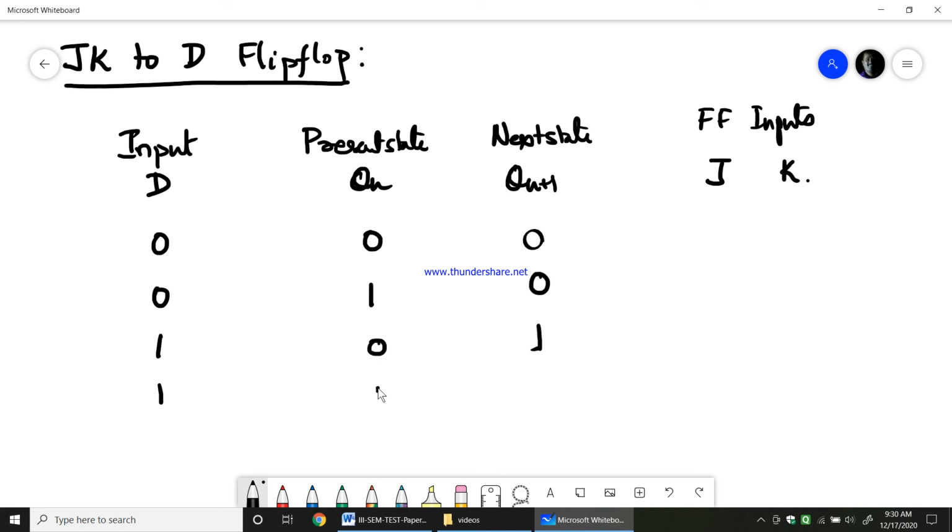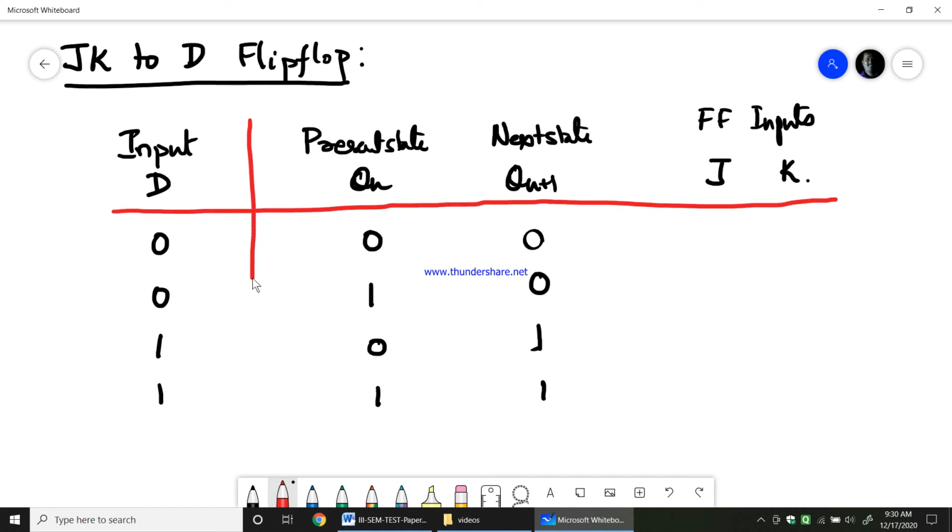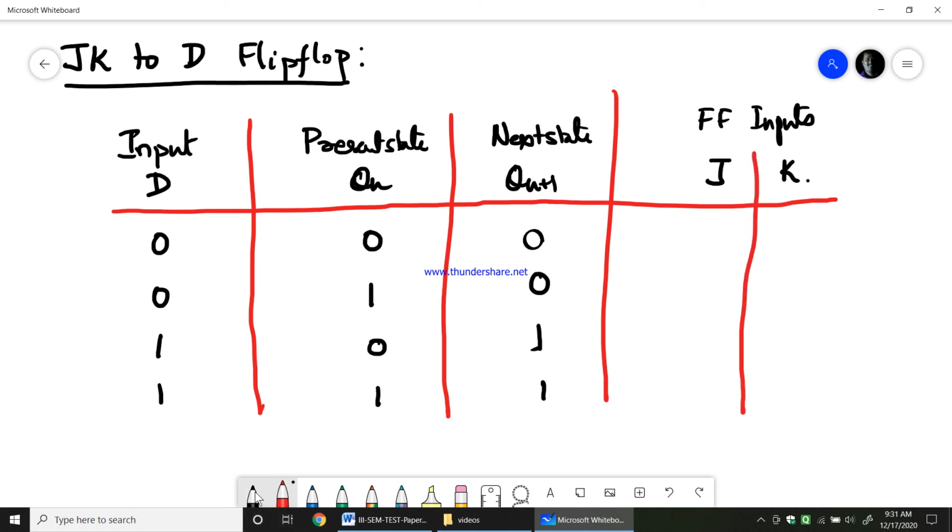Present state is 1, next state is also 1 when D is 1. Now if you look into the JK excitation table, we'll see for 0 0 it is 0x, for 1 0 it is x1, for 0 1 it is 1x, whereas for 1 1 it is x0.